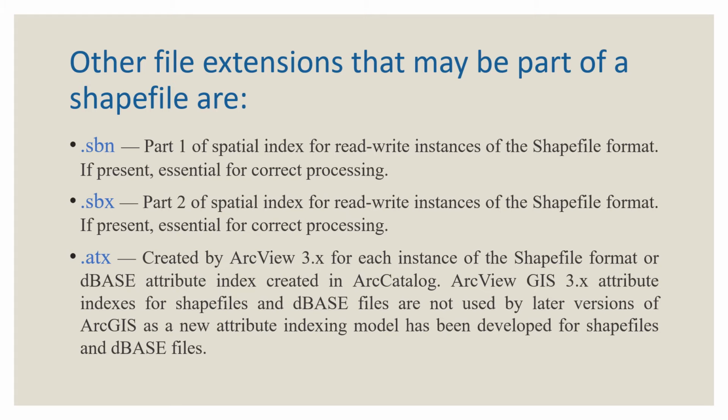Here you can observe the other file extensions that may be a part of a shapefile. They are not mandatory, and are used only where needed. We have .sbn, .sbx and .atx. You can also observe in the slide the importance of these extensions.